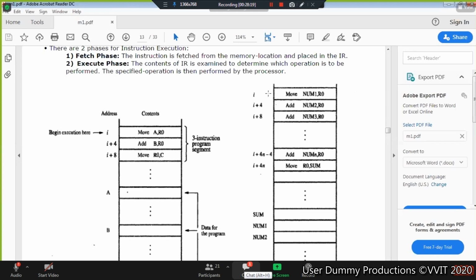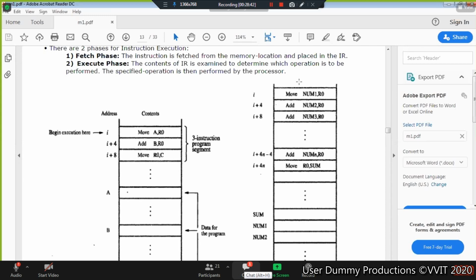So in the ith instruction, what is this one instruction? It's storing a number. I told you, suppose I want to add 5 numbers. I give those 5 numbers as input to the computer.